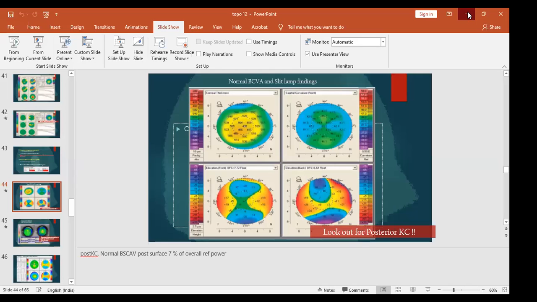Are you trying to change the slide or something else? I'm trying to show them the post myopic and post hyperopic. You all can't see? No, nothing we are able to see. Only the slide which is going on, that is stuck somewhere. You might have to stop sharing and share again. Okay.